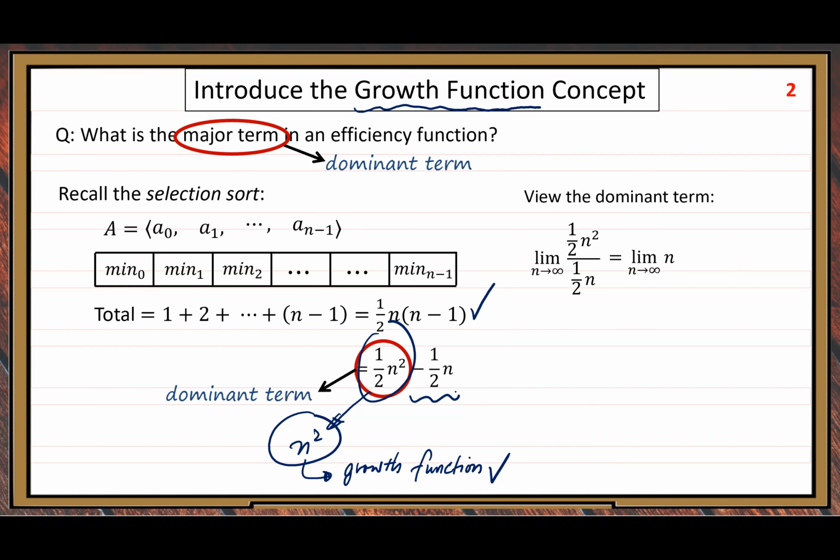First, we do cancellation as much as we can. The 1/2, the constant part, cancels out, and n squared over n, after cancellation, we only have n left. And when n goes to infinity, this limit also goes to infinity, right? It tells us, if you look at the ratio, how dominant our first term is.